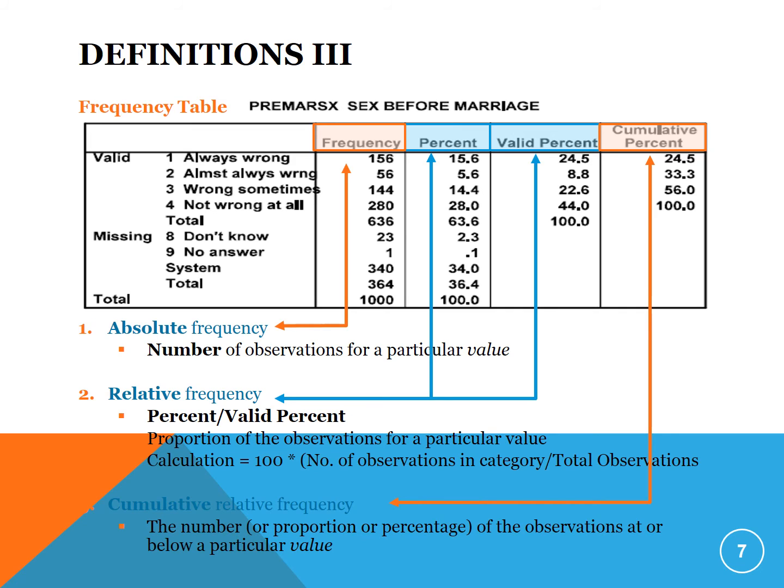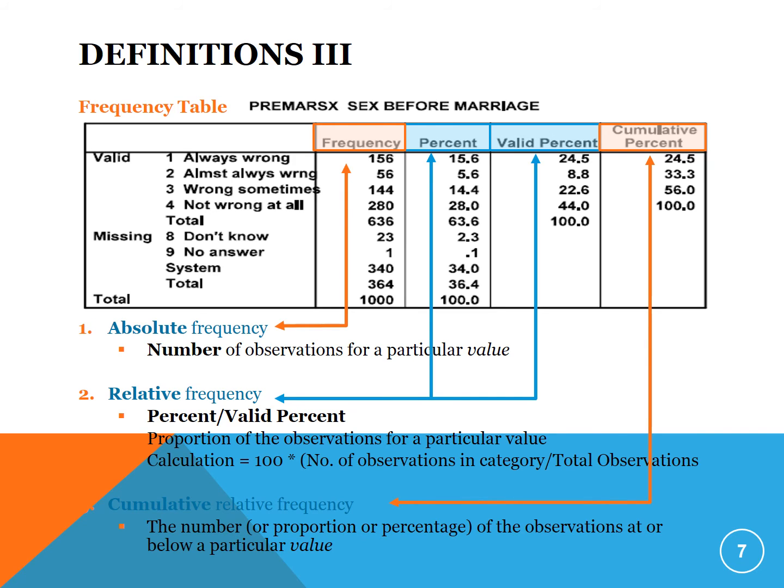All right, then we move over to the next column, and we can see percentages. Actually, before we move over, let's look at the total columns. Right under not wrong at all, we see total, and that's the total for the people who actually provided valid responses. You can see to the left of the responses, it says valid. Those are the valid responses.